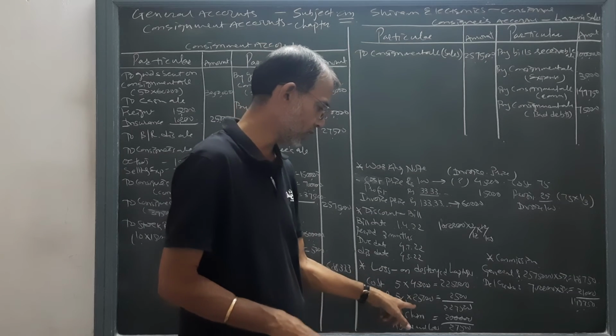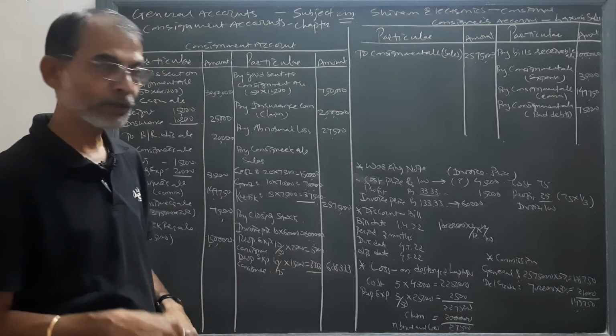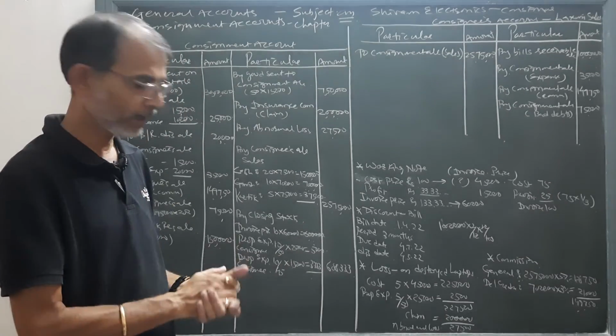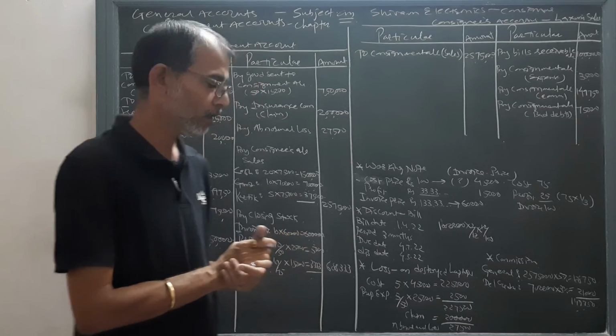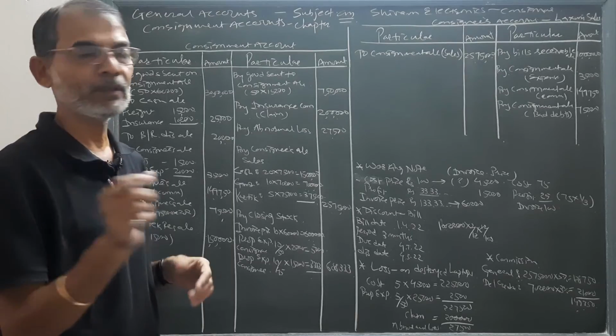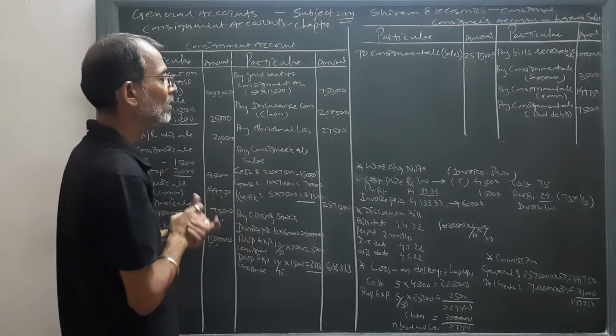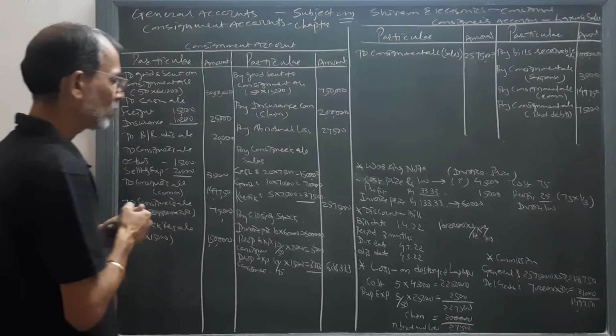Proportionate expense of consignor 2,500. So total cost is 2,27,500. Insurance company has accepted a claim of 2 lakh. So abnormal loss is 27,500. Both amounts are written on the credit side of the consignment account.